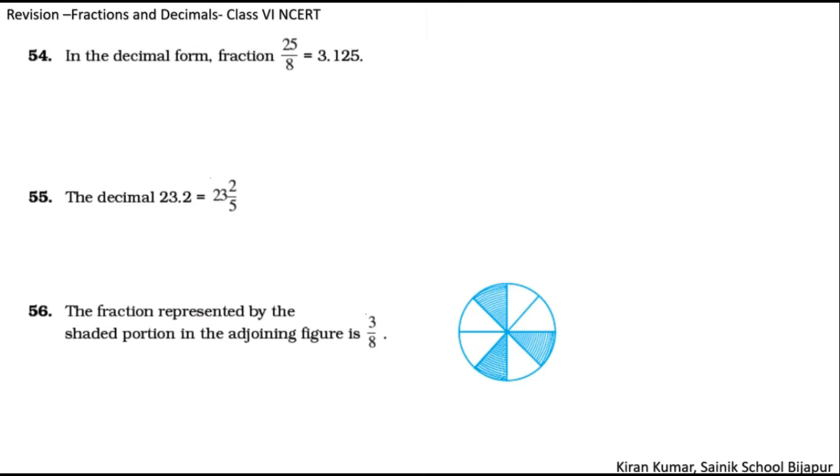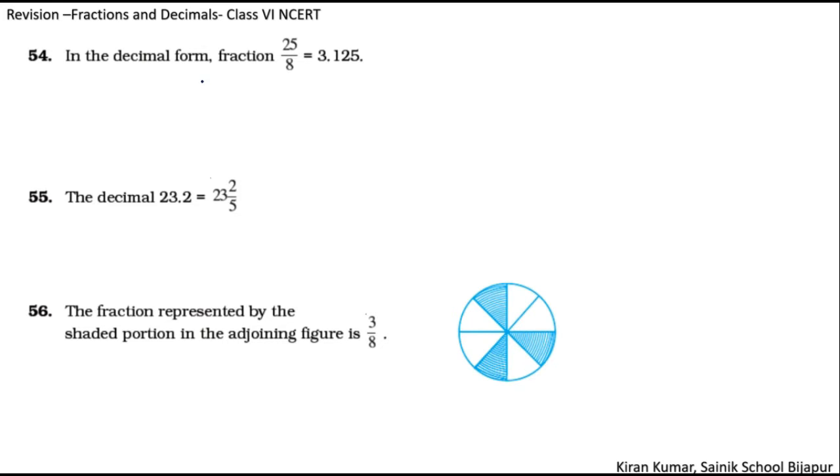Now the statement number 54. In the decimal form, fraction 25 by 8 is equal to 3.125. This we need to verify.